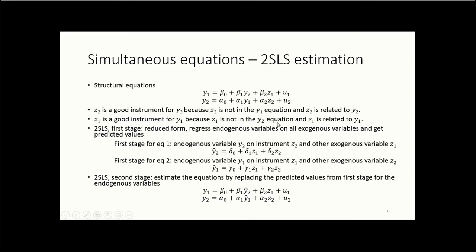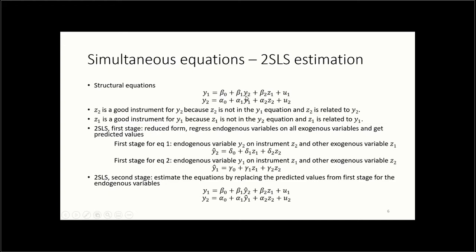So let's apply the two-stage least squares. In the first stage, which would be a reduced form, we would be regressing the endogenous variable on all the exogenous variables and get the predicted value. So the first stage for equation 1, this is equation 1, and that's the endogenous variable y2.